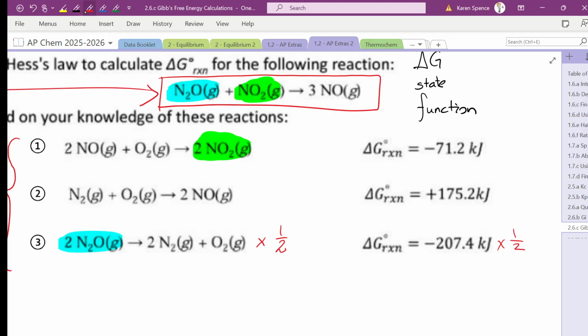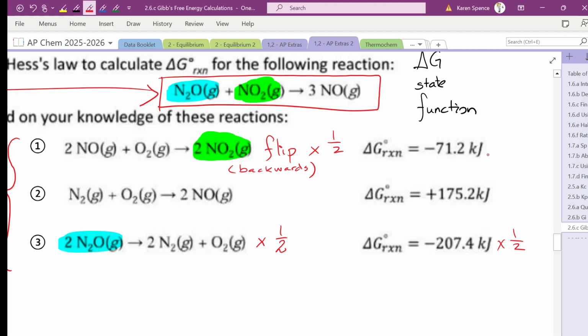So we need to both flip this. Okay, so it's going to be backwards. And we need to multiply it by a half. What is going to happen to delta G if we flip the reaction and multiply by a half?